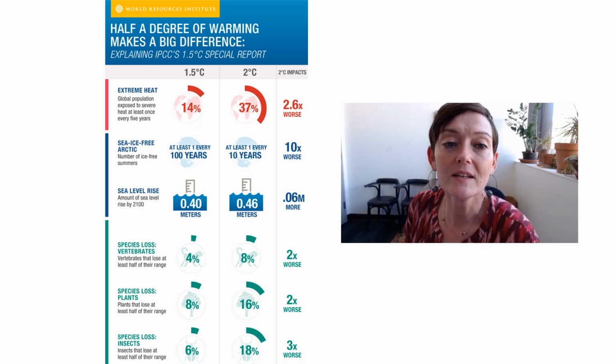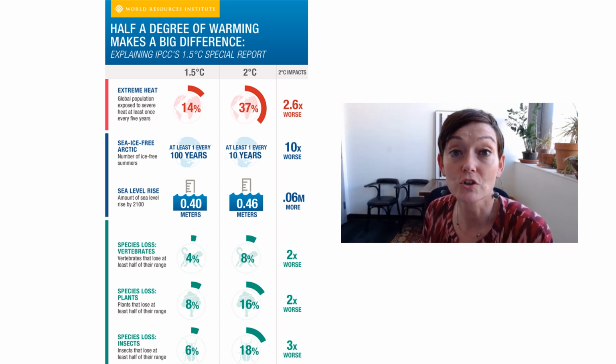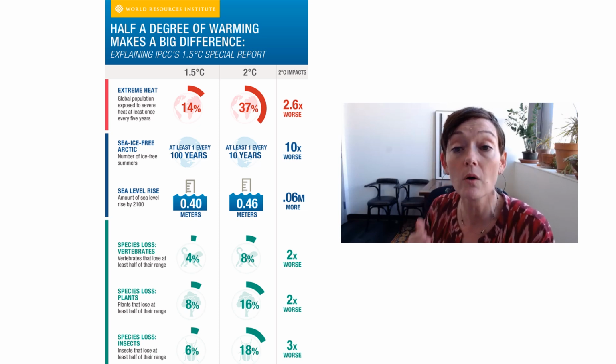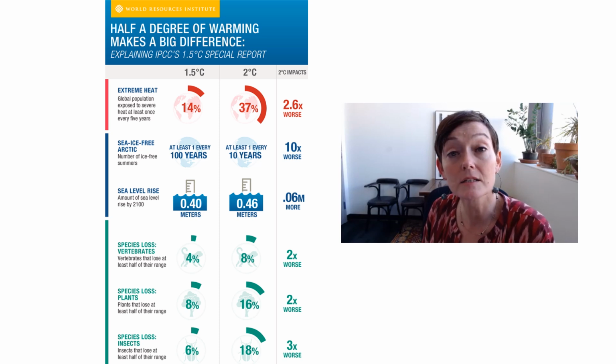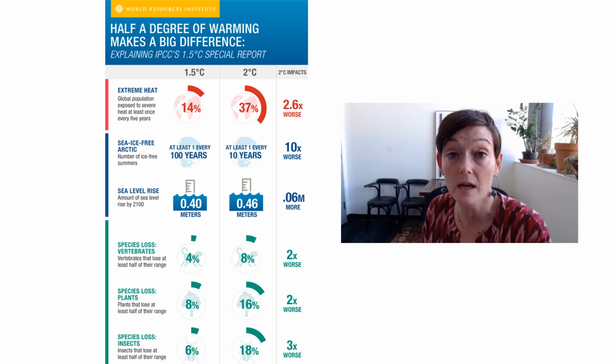So even a tiny half degree will actually make things much, much worse. We're already approximately at 1.5 degrees Celsius, and getting just a half degree hotter will make extreme heat almost 3 times worse. It will make our Arctic sea ice problem 10 times worse.